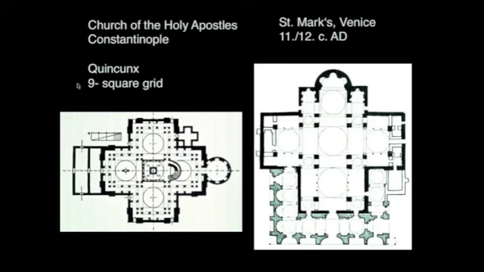We know that the Justinian churches come from around 520, 530. This is St. Mark's from the 11th century, more or less reprising the same plan type as the Church of the Holy Apostles. Once again, it's a kind of great-looking quincunx, with maybe a few transformations, but truly not many.